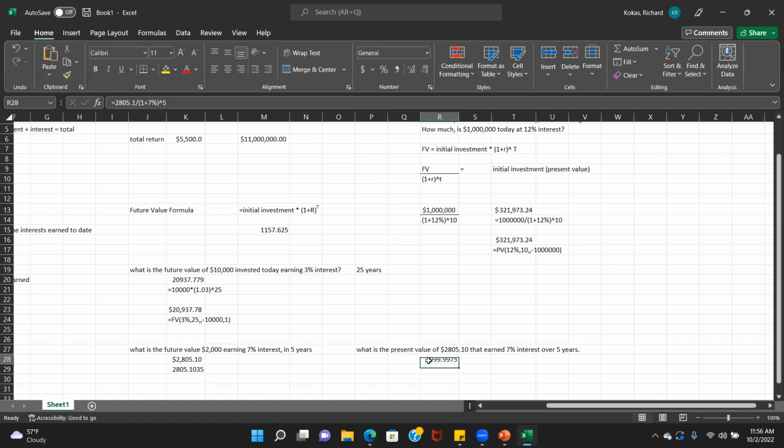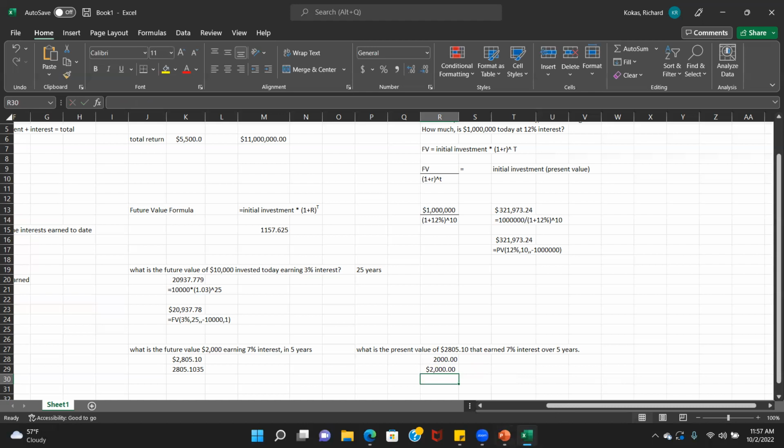You're saying, no, more witchcraft. Hold on. Let's do equals present value, the rate, 7%, comma, number of periods, 5, comma, payment, nothing, comma, future value, minus 2805.10, end it right there, hit enter, $2,000.